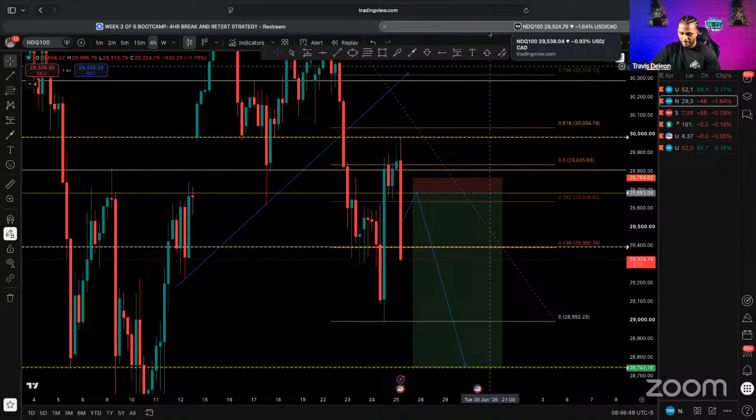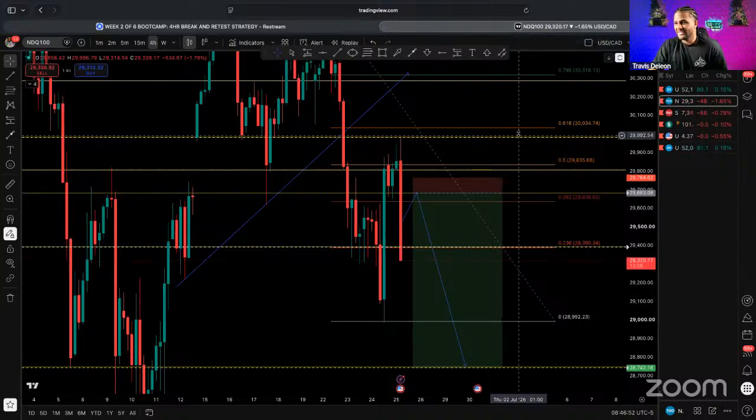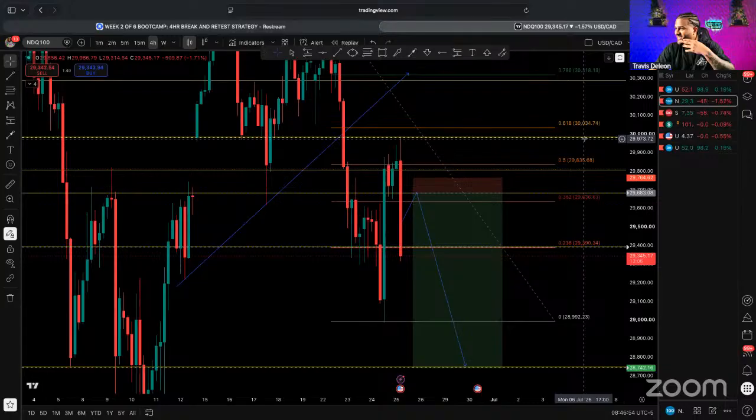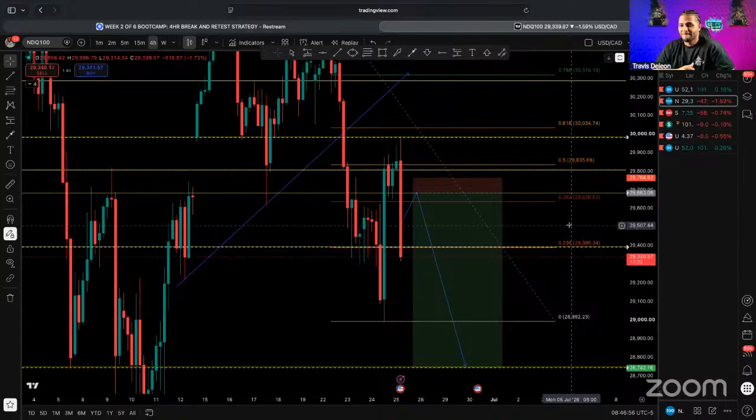But yeah, this thing is bleeding. That's a 600 pips candle.